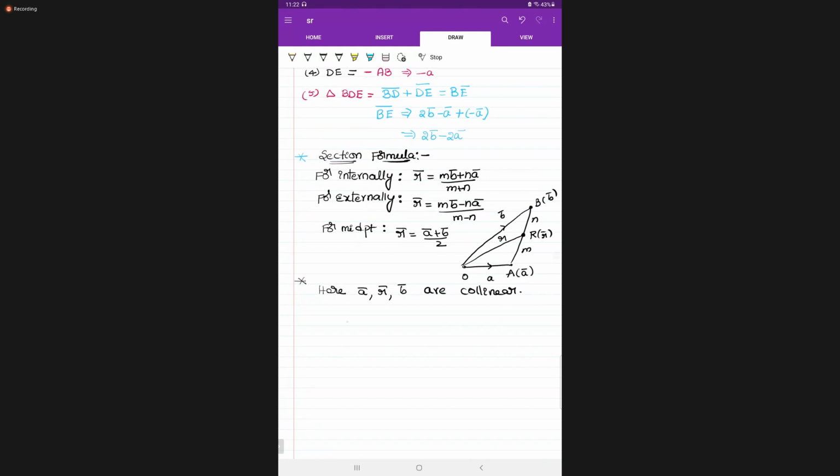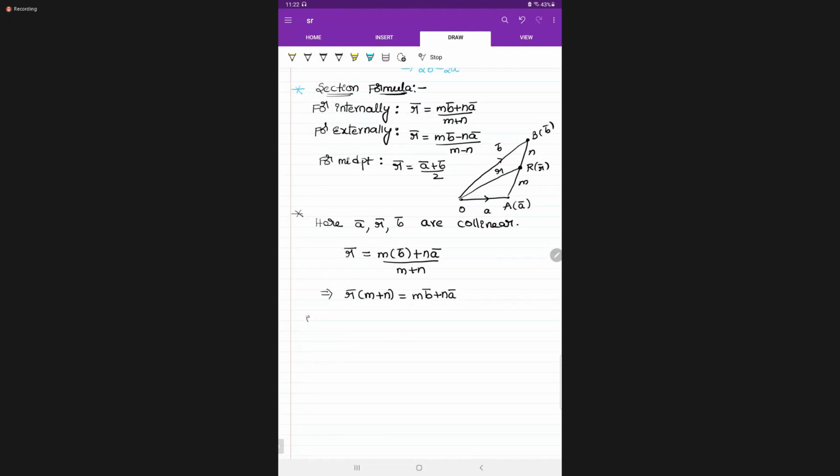We know the formula. R bar is equal to, for externally, (MB bar plus NA bar) divided by (M plus N). Taking cross multiplication, we can write it as R bar into (M plus N) is equal to MB bar plus NA bar.